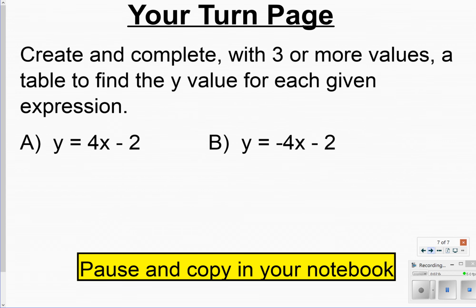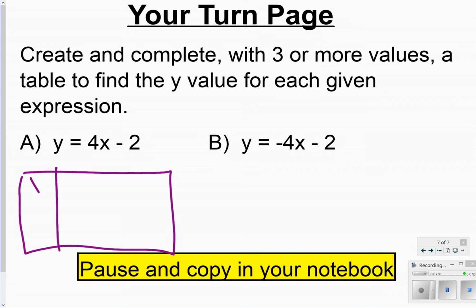Well, now we're at the end of our lesson, and we're at the Your Turn page. What I want you to do is, in your notebook, create and complete with 3 or more values, like we did on this last one, a table to find the y value for each given expression. So basically, you're going to write a T-chart.